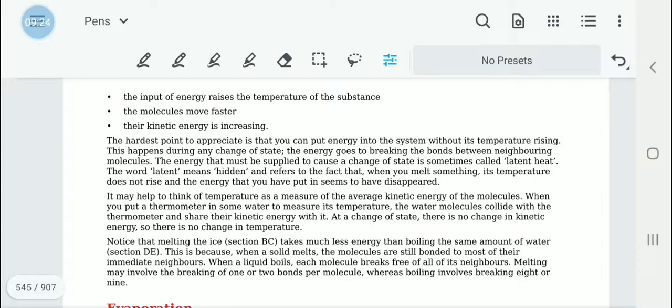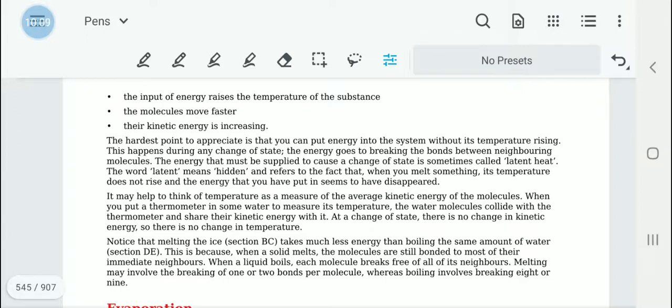At the same time, temperature is defined as the average kinetic energy of the molecules. When you put a thermometer into water, molecules collide with the walls of the thermometer, and that results in the contents, whether alcohol or mercury, increasing its kinetic energy.